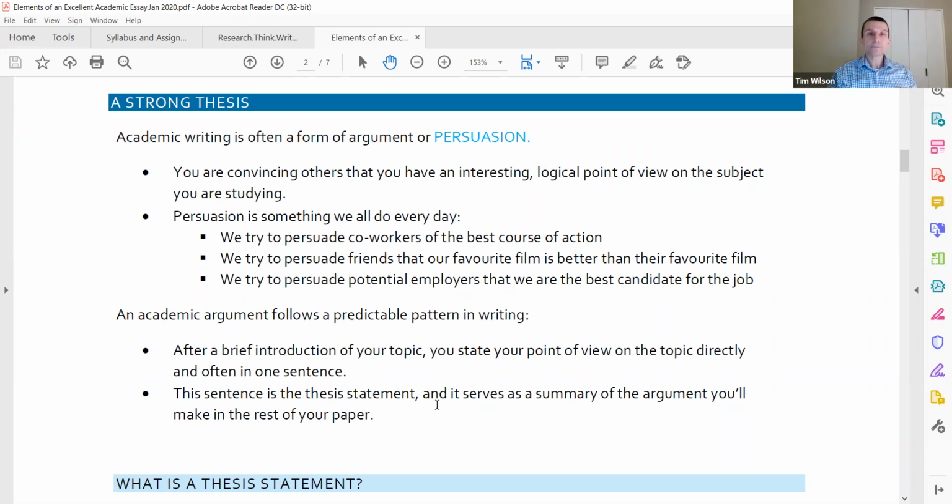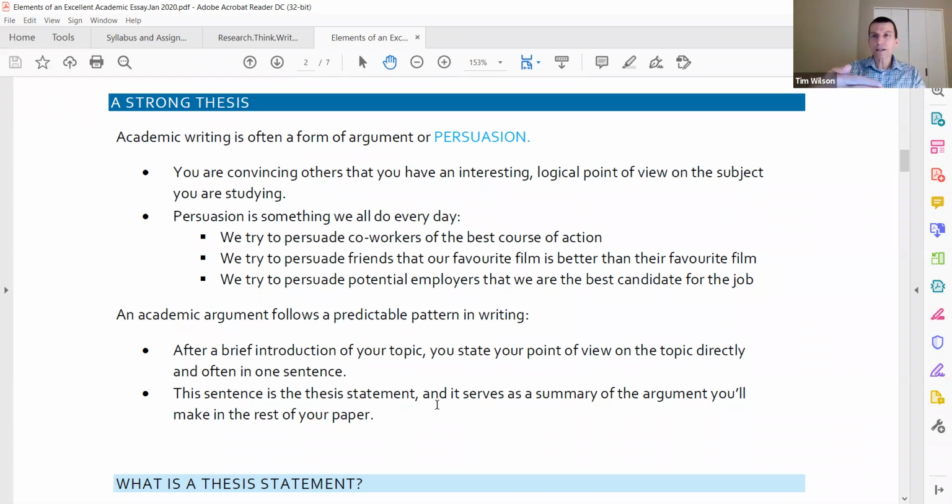And an academic argument follows this pattern where you're going to have an introduction of your topic, and a thesis statement, generally fairly concise, that is the summary of the point you're trying to prove, and what the rest of the paper will show.